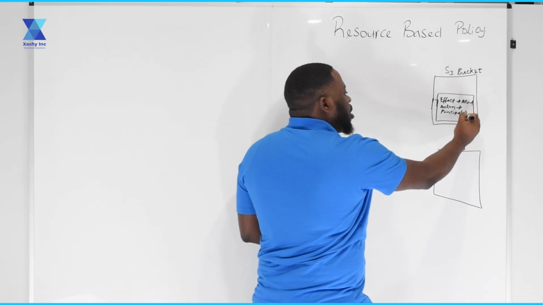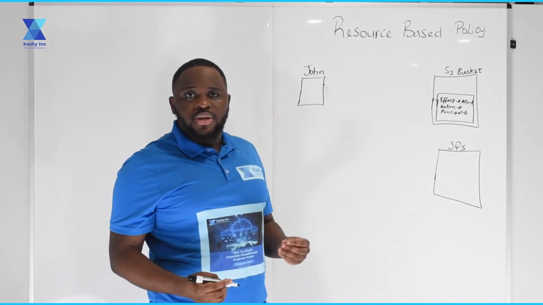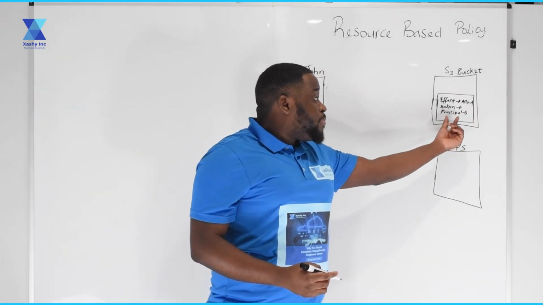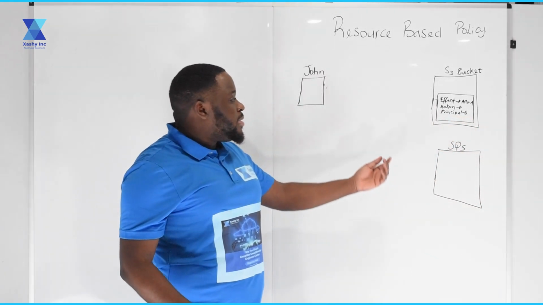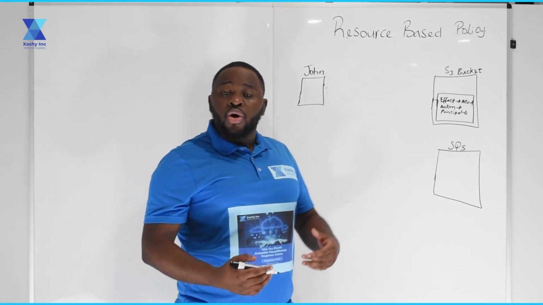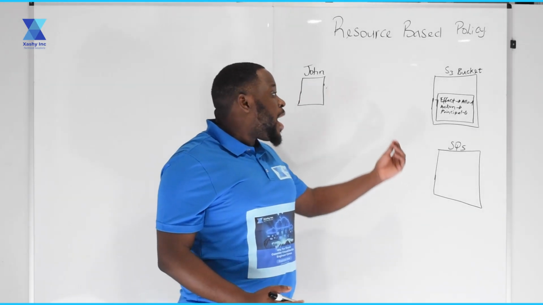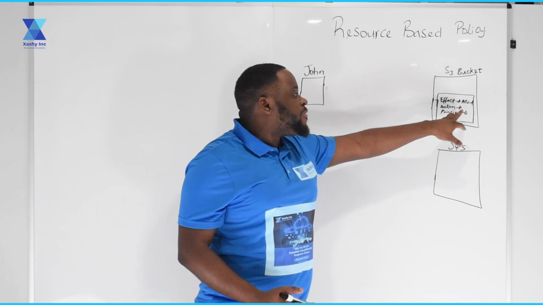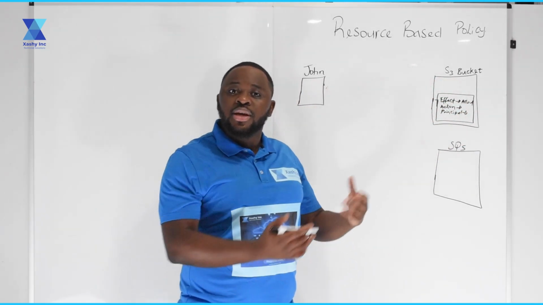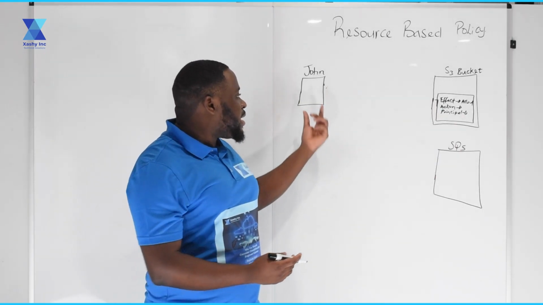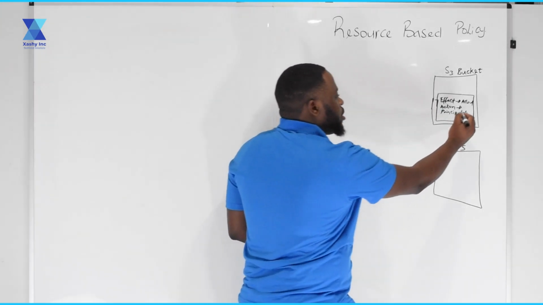You're going to hear about the principal in the resource-based policy. The principal is nothing but the identities or the other resources whom you are allowing to perform the actions on that particular resource that the resource-based policy is attached to. So in this case, it's going to be the IAM user called John.